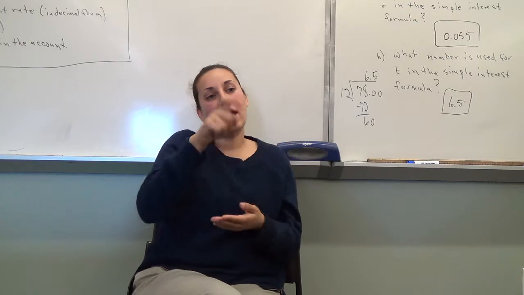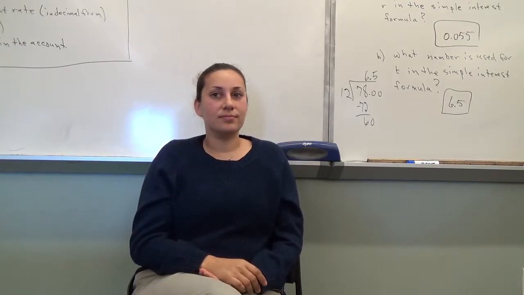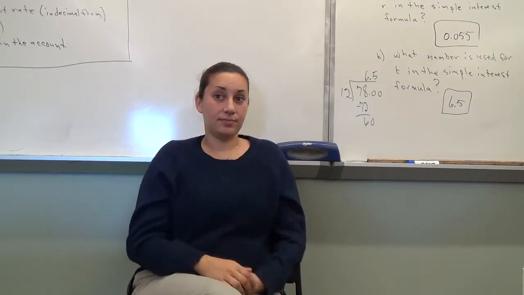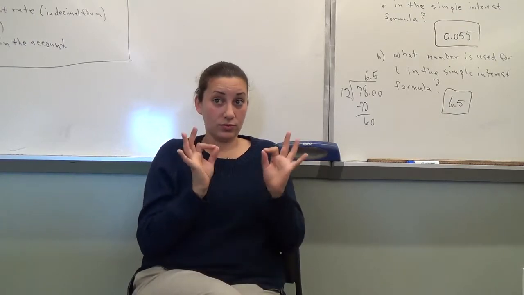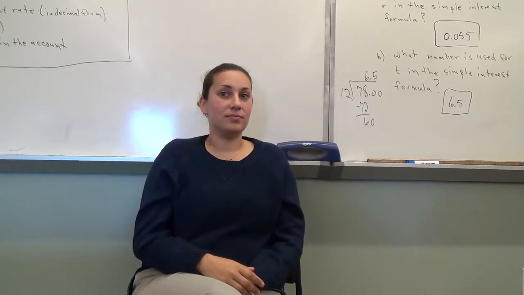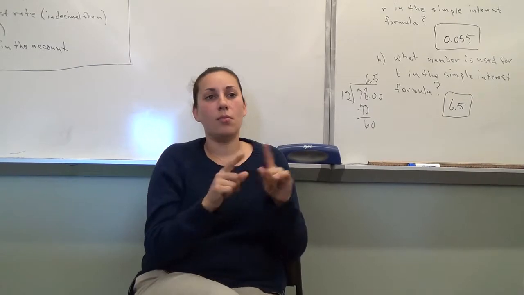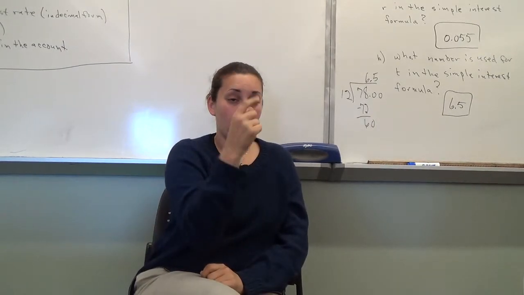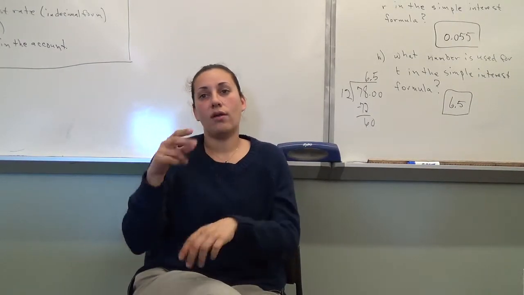We're going okay with that? So it's just a matter of exercising that formula, but you have to put in the decimal form of the interest, and you have to put in the time in years.